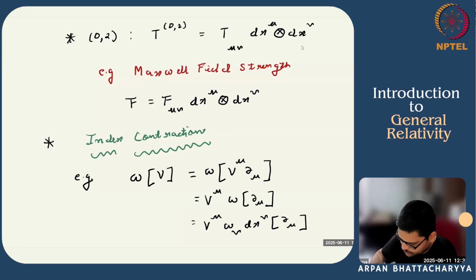Now we have actually defined this map. We are working with such a basis so that this map gives you the component of the Kronecker delta.